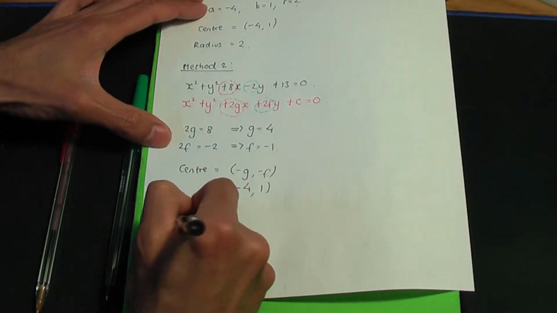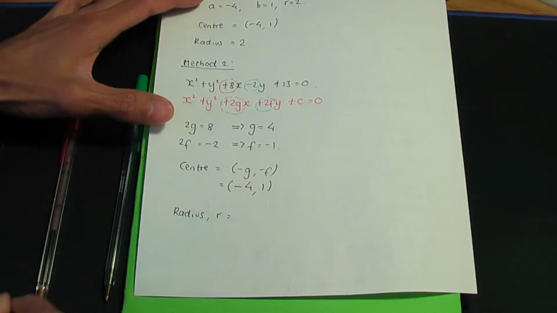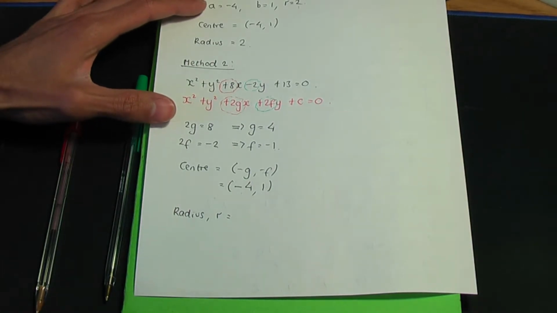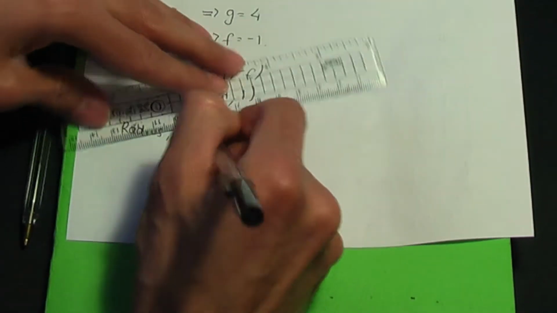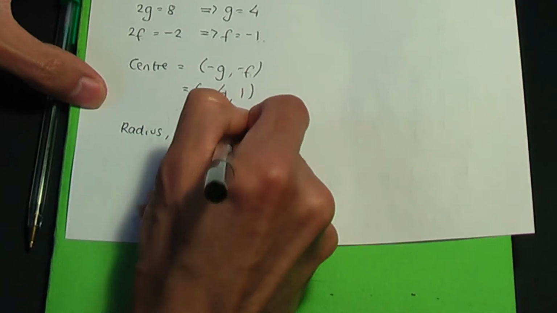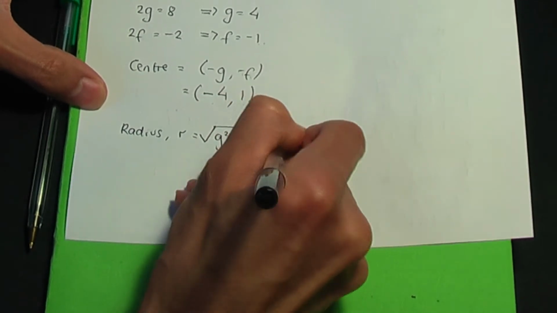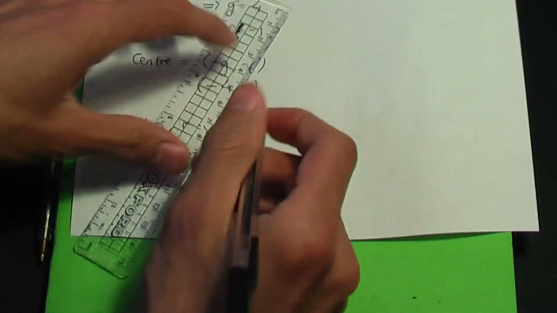Now, as for the radius, let's work out the radius, r. If we go back to the screenshot, remember the formula for the radius is the square root of g² + f² − c. So if we go back to the paper and pen, let me copy down that formula. It's the square root of g² + f² − c. Let's use our values for g and f.